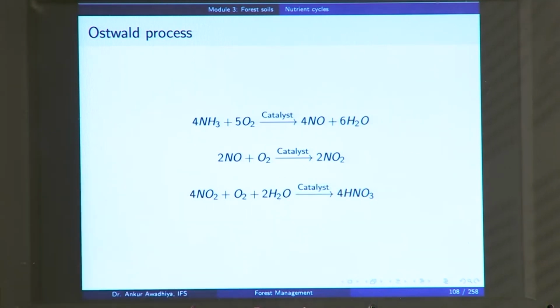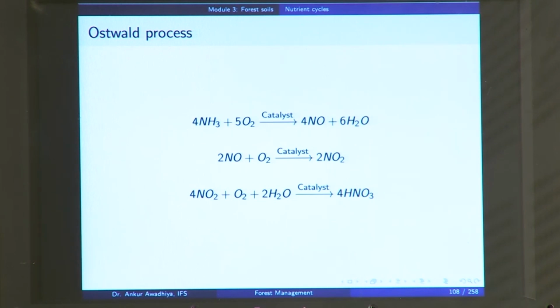So, what we are doing is that in place of having the biological nitrogen fixation and the processes of nitrification, in the case of biological nitrogen fixation, we were converting the atmospheric nitrogen into ammonia, and then further on through the process of nitrification, we were oxidizing this ammonia into nitrites and nitrates.